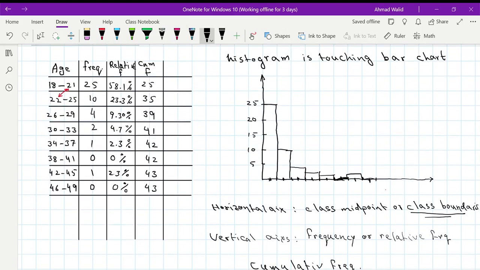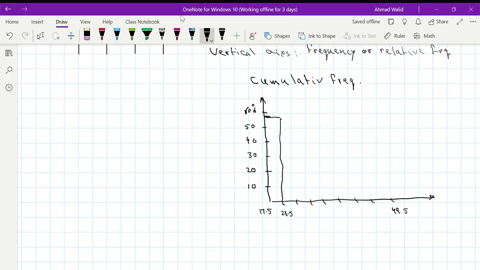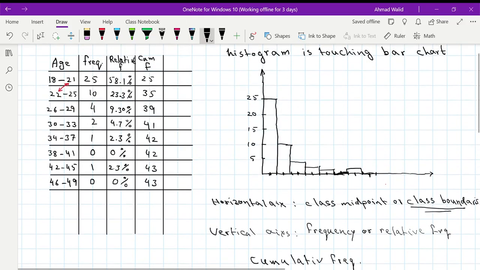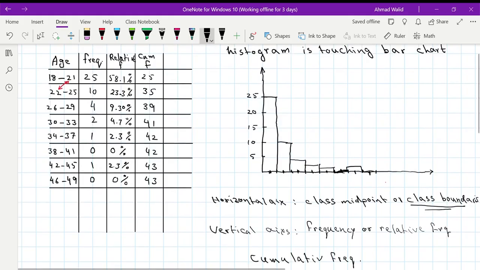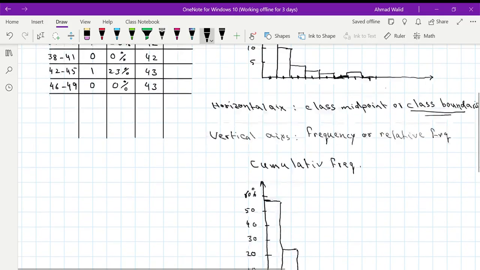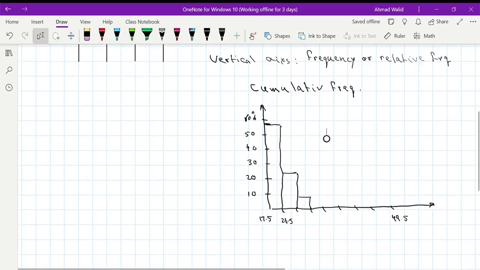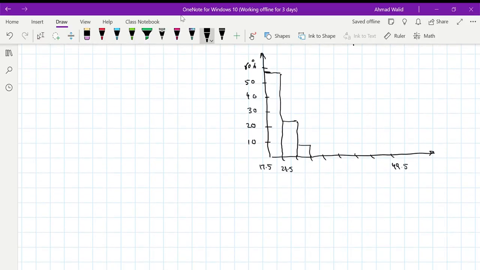The second class is 23.3%. 23.3% will be somewhere here, correct? The next class, the relative frequency is 9.3. 9.3 will go somewhere here. The next one is 4.7. 4.7 is really low, somewhere here.